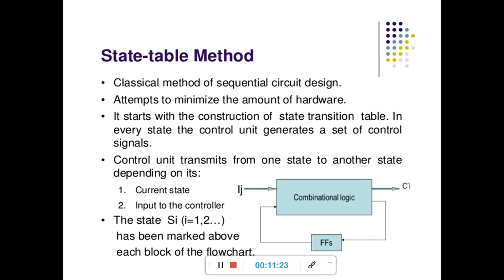Two parameters are mentioned here: current state and input to the controller. Both the state and input are taken from the register or the memory. Without state we can't do anything. We have already discussed this in the session diagram.